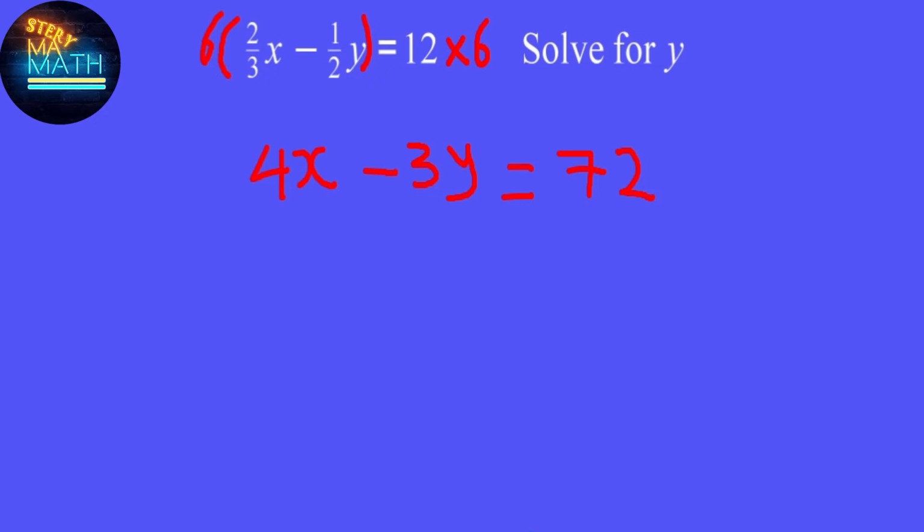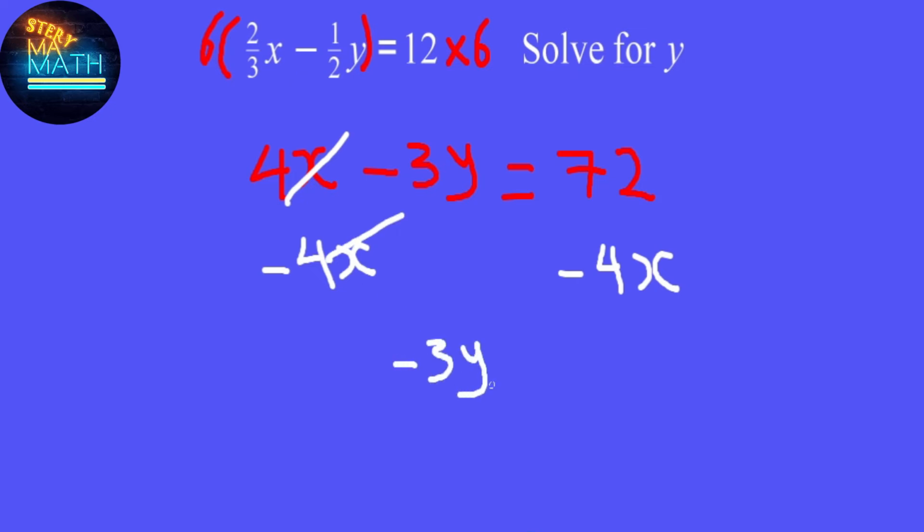So I want to get rid of 4x, and 4x is positive, so I will subtract 4x from both sides. Minus 4x, and also here minus 4x. These will be cancelled. Negative 3y is equal to 72 minus 4x, or negative 4x plus 72.